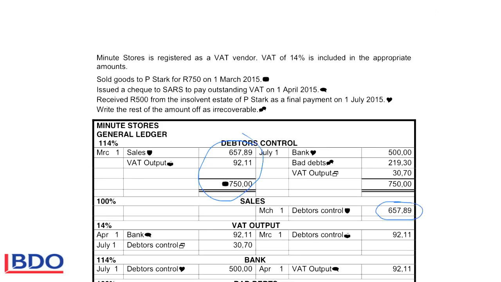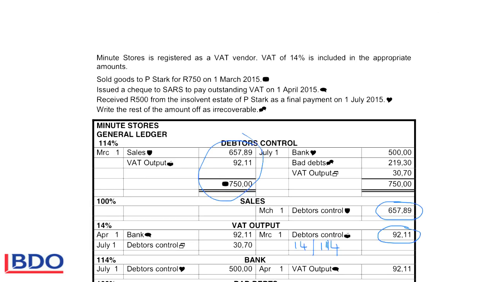Then I will work out what is the VAT on that, 14 divided by 114, to see what is the amount that we collect on behalf of SARS, the 92 Rand and 11 cents. So although the debtors still owe us the money, the business will have to pay this VAT over to SARS.